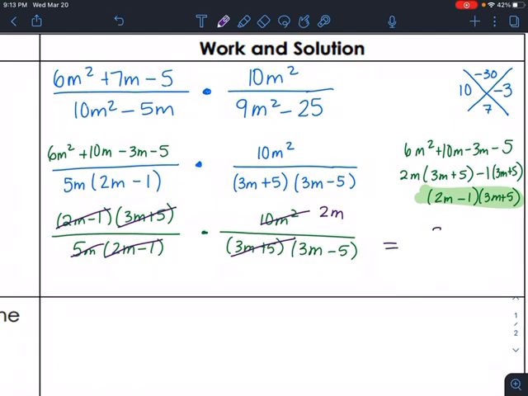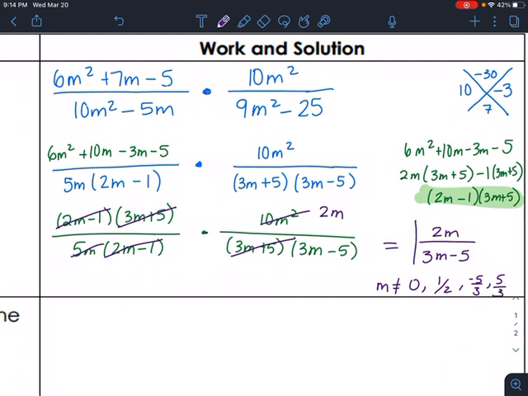So we are left with 2m over 3m minus 5, and m cannot equal 0, 1/2, or negative 5/3 or positive 5/3 actually, if we are looking for the excluded values.